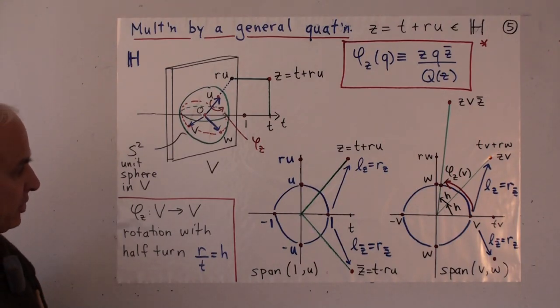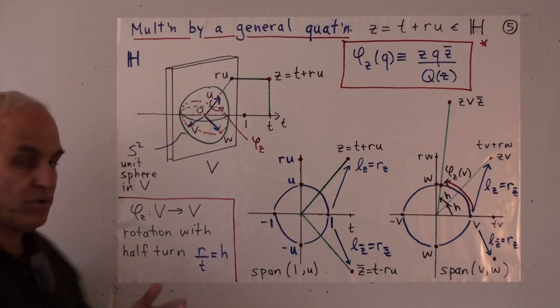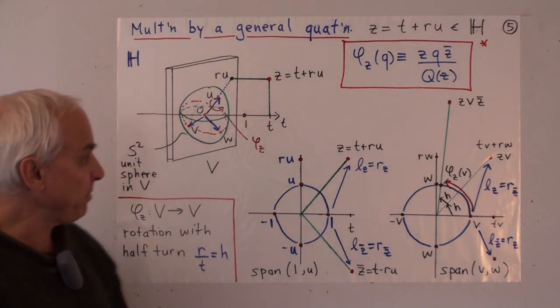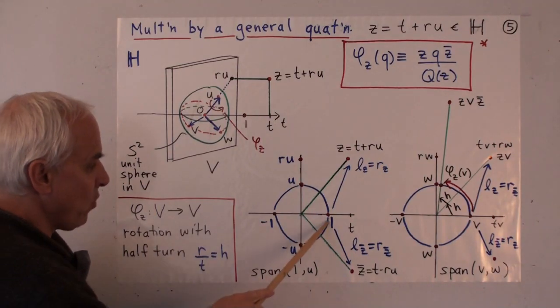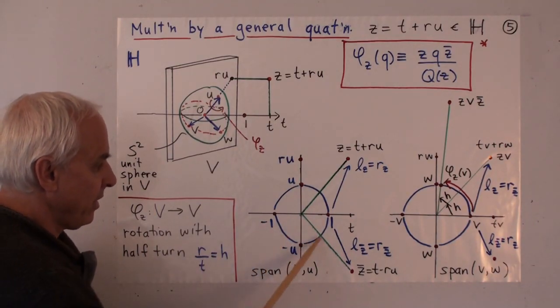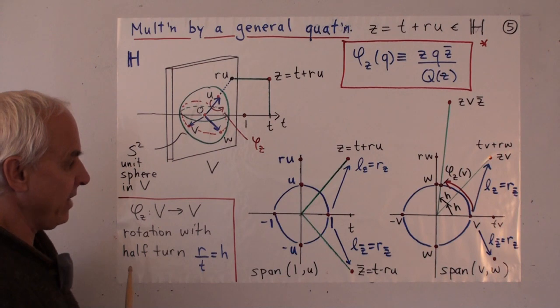Okay, so what I want to do now is show you what multiplication by z does. And I want to do that in two separate planes. The first plane is the plane spanned by 1 and u. So there's 1 and there's u. There's the unit circle in that plane.